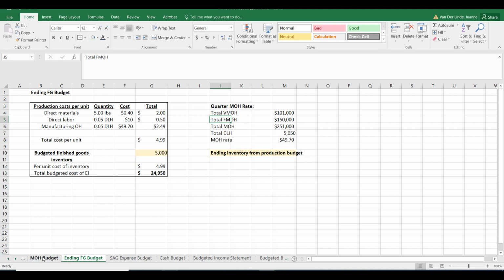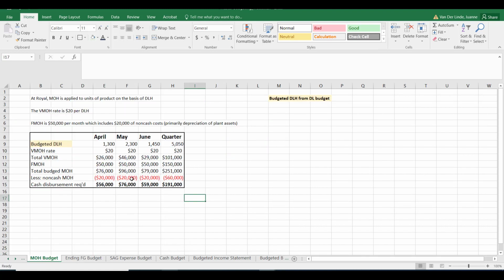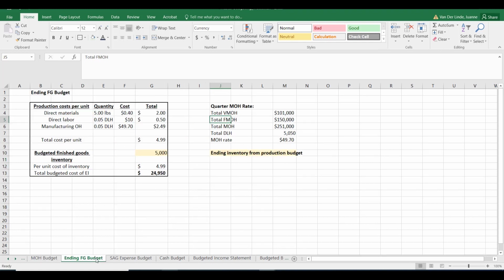We already completed the manufacturing overhead budget, and we know the total variable overhead is $101,000 for the quarter, and the total fixed overhead is $150,000. We add those two together to find that the total manufacturing overhead for the entire quarter is $251,000.